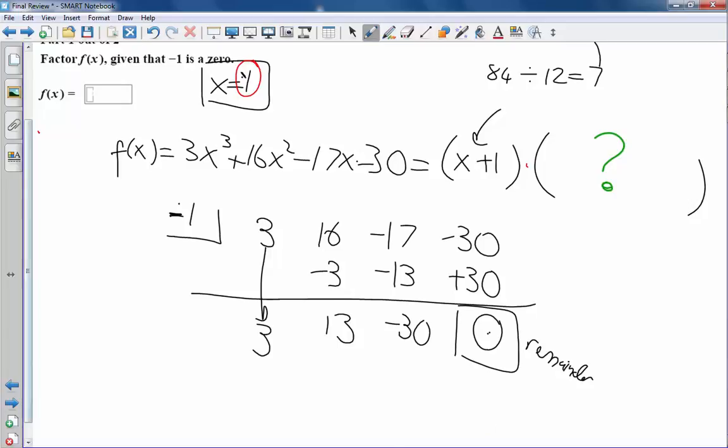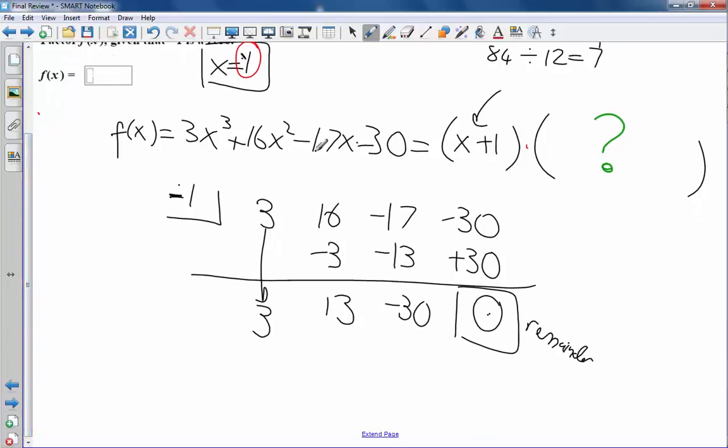Okay? Now, the question is, by looking at this, can you fill in the spot we are looking for now? How do you write 3, 13, and minus 30? It becomes what?